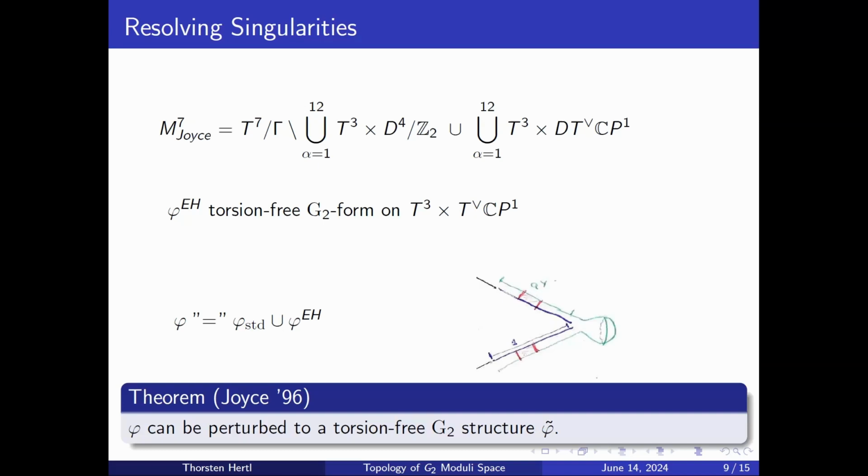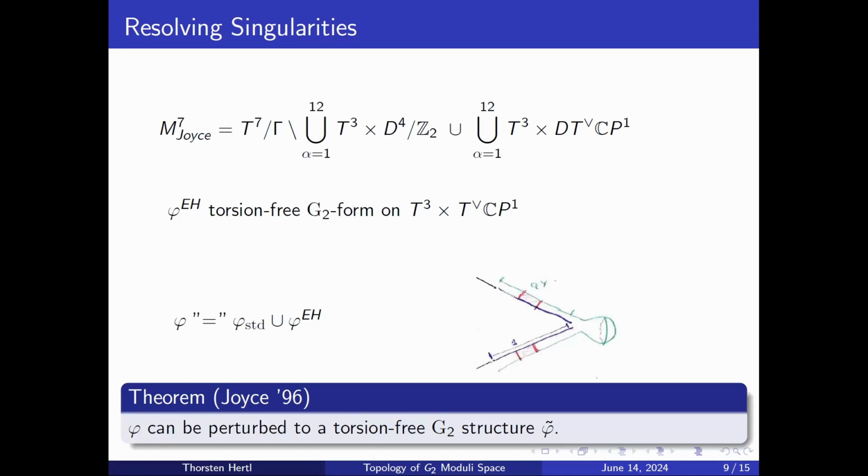That means away from the zero section, that metric converges very fast to the Euclidean metric. And for that reason, the torsion-free G2 form of this product here is also asymptotically locally Euclidean.